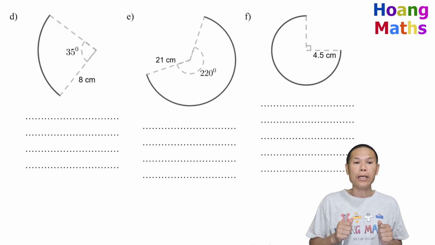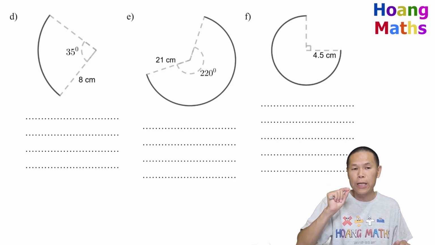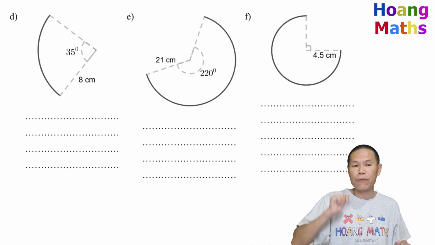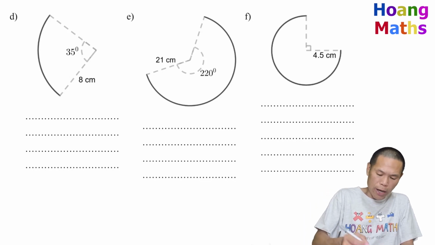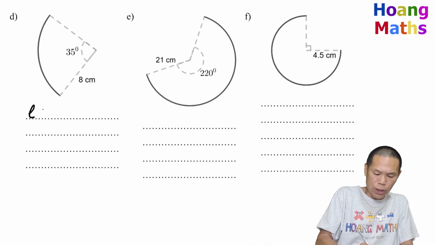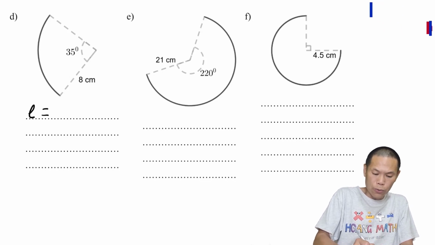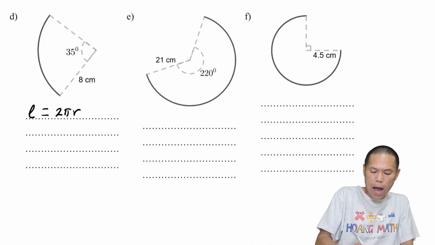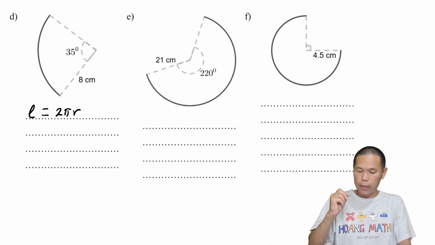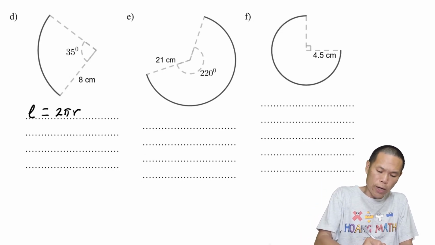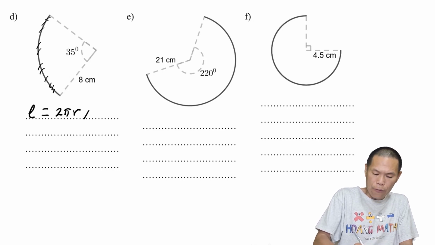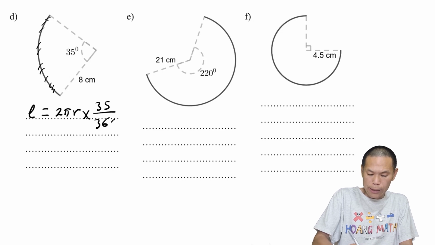Part D. We know that the circumference of a circle is 2 pi r and we only need one part of the circle. So let's just write L. L is the length, the arc length if you wish. L is equal to 2 pi r, that is the circumference of a circle, and we only need to work out this part, one part of it. That is 35 degrees out of 360 degrees.